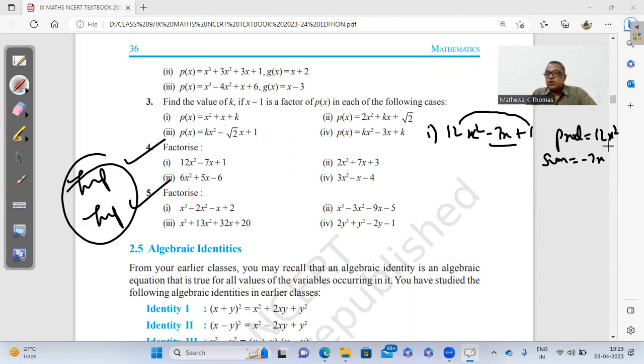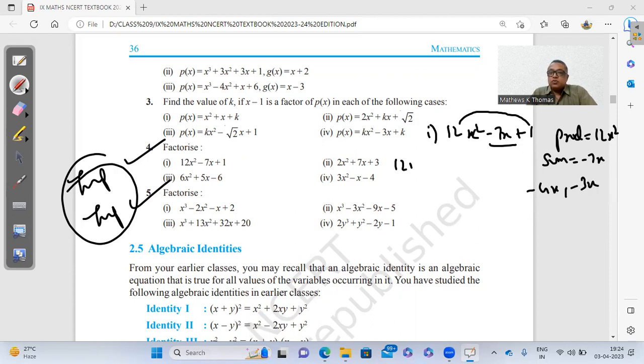So you have to think of two numbers which on multiplying is 12 and adding is 7. So for the required factors, you can try out various combinations like 6 2s are 12, 12 1s are 12, or 4 3s are 12. So 4 3s are 12 is correct because I should get 4 into 3, 12, and I'm going to add minus 4 and minus 3. I'm also getting minus 7. So my factors are minus 4 and minus 3.